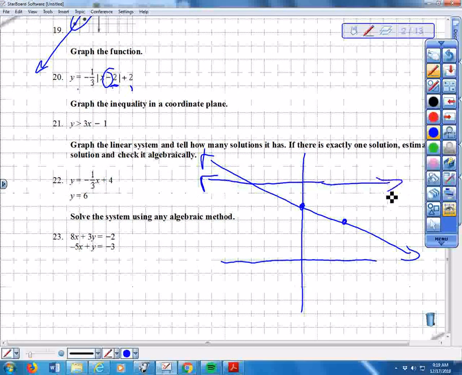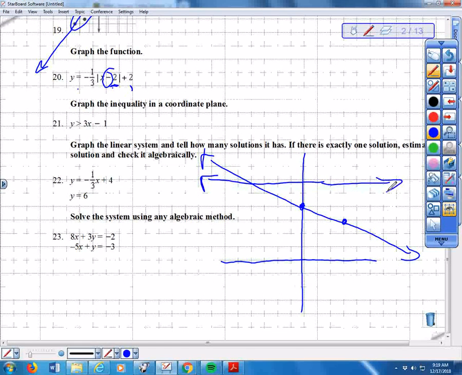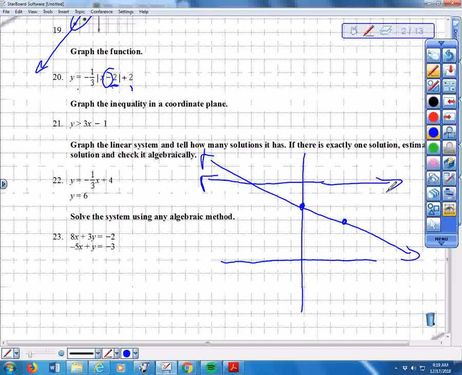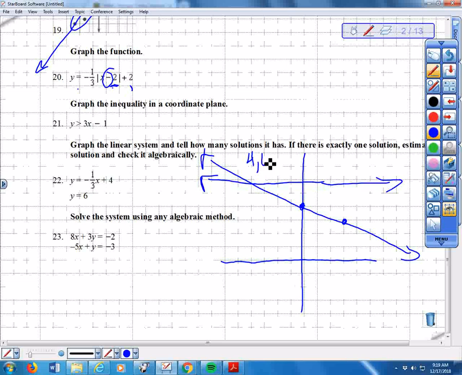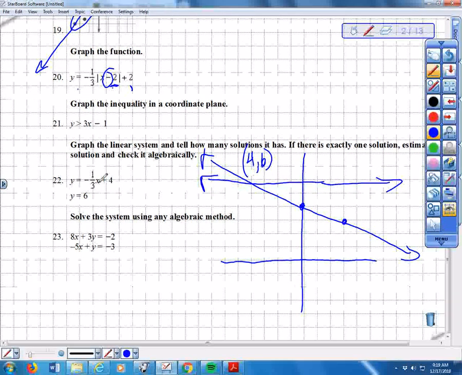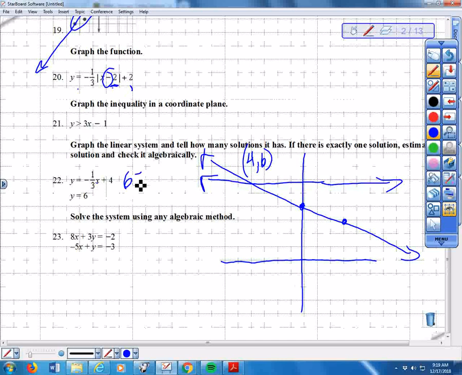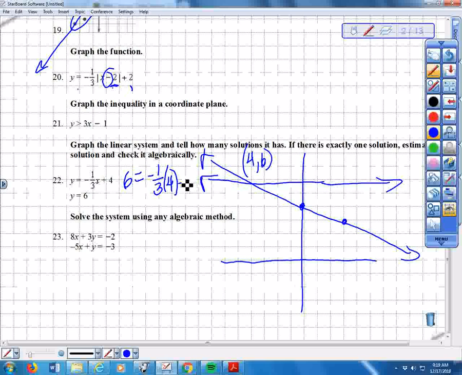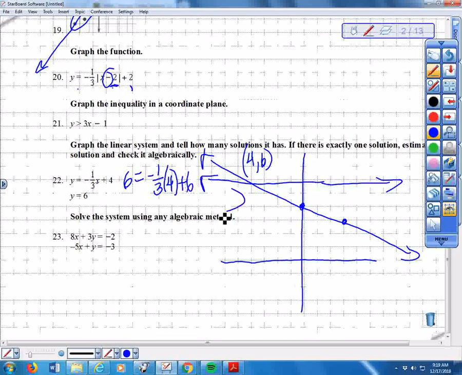So this system has one solution. And it looks like it's 4, 6. What I can do is just check it. If I put 4, 6 in here, is 6 equal to negative 1/3 times 4 plus 4?